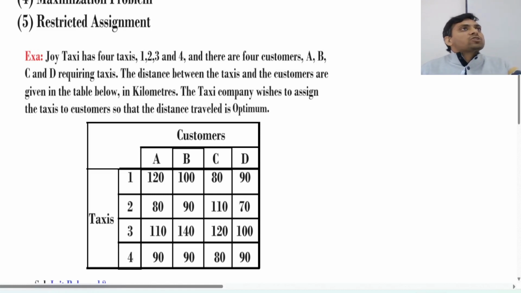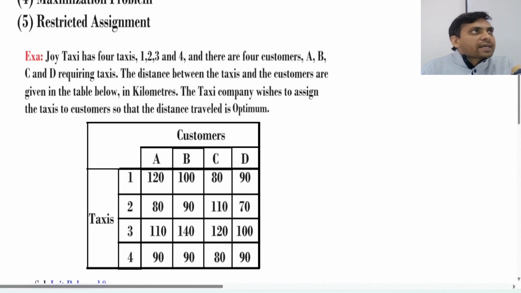Now company wants to minimize the cost, and minimization of cost is based on minimization of distance. Clear? So in this case, main objective is what? Minimization of distance. So we have different taxis 1, 2, 3, 4. These are, we can say, these different locations also, and these 4 customers.